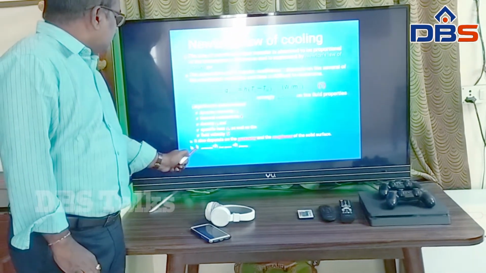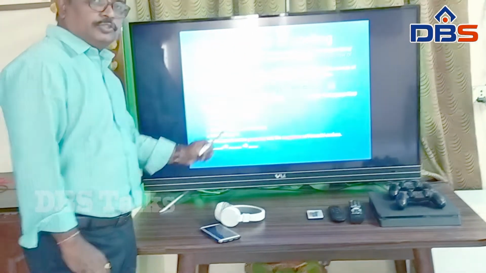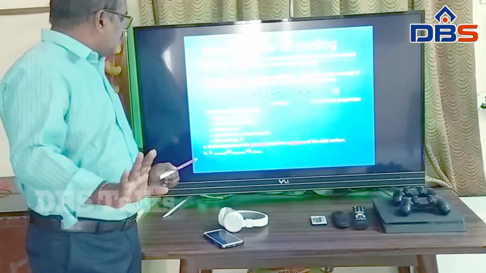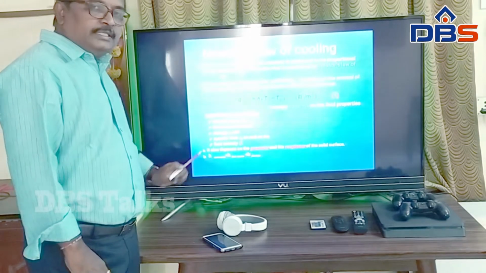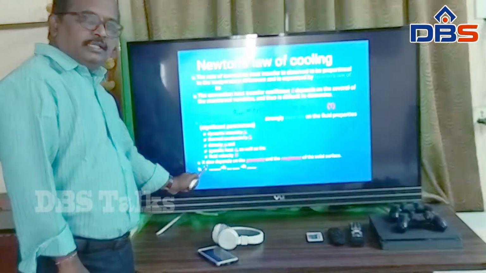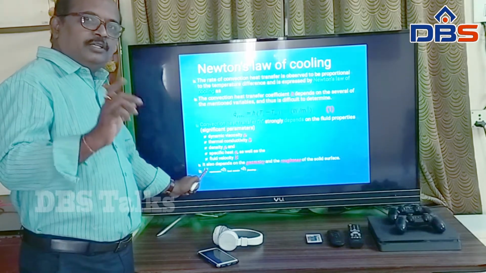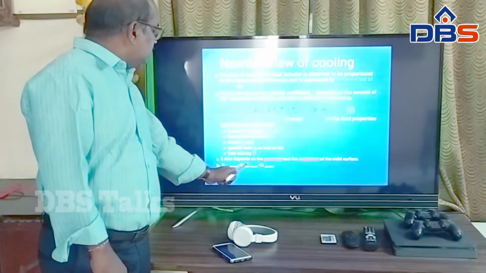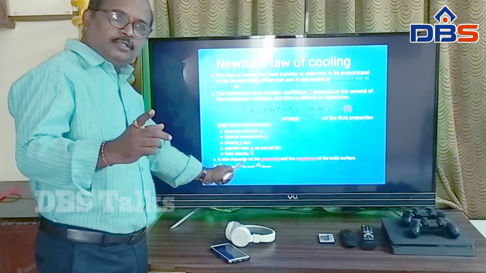Natural convection heat transfer coefficient is less than forced convection. It means that in natural convection there will be less amount of heat transfer. In forced convection there is a more amount of heat transfer.